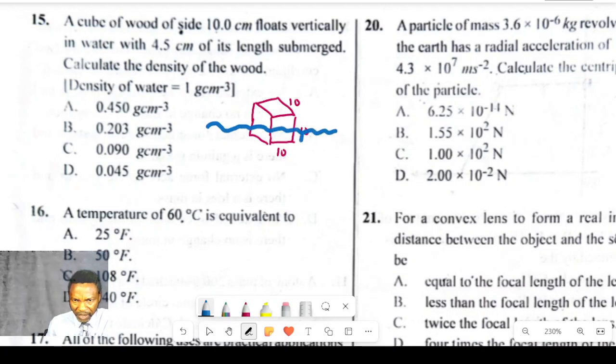From here, this part is 4.5 cm that is submerged. So what is the volume submerged?